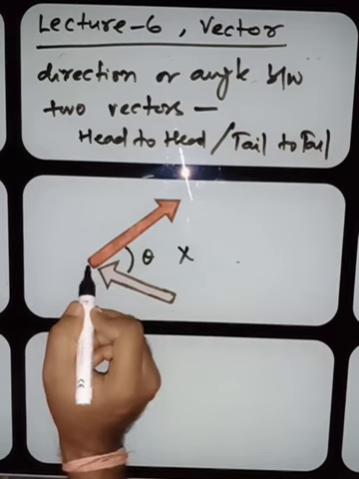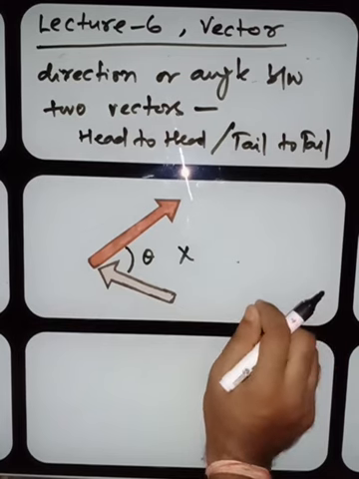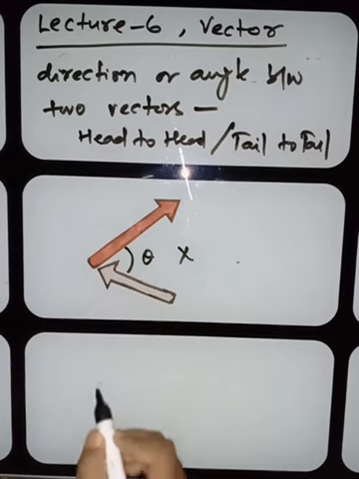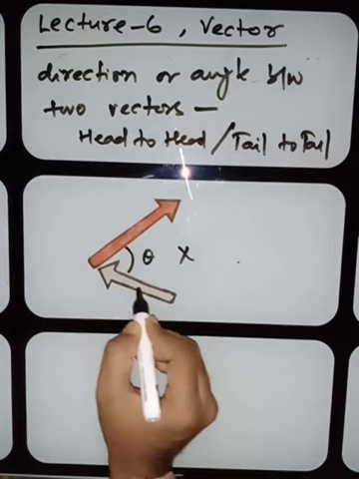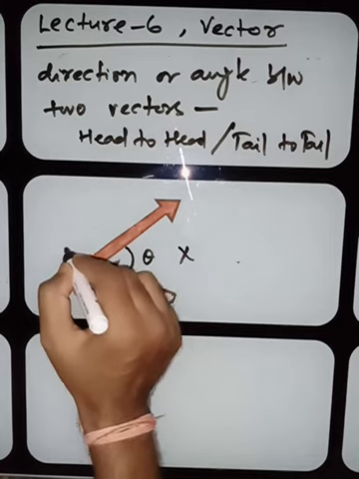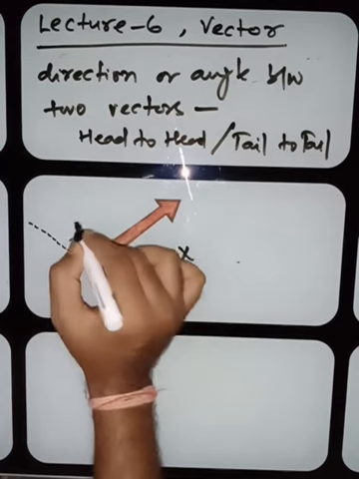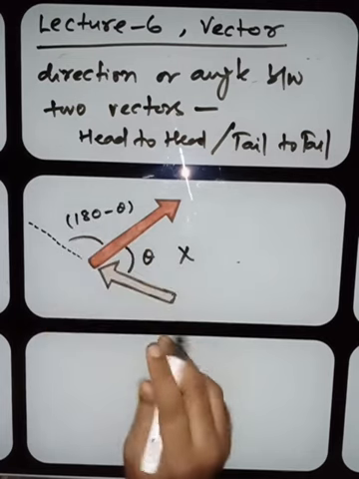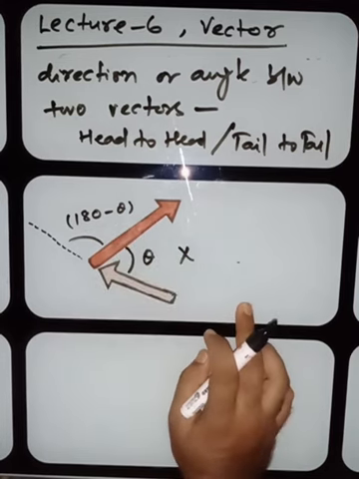What I told you is that you can find the angle either head to head or tail to tail. So this is head to tail and the angle is not theta. So what will be the angle, sir? You will proceed along the vector line. And now this is 180 minus theta. So the angle between these two vectors will be 180 minus theta.